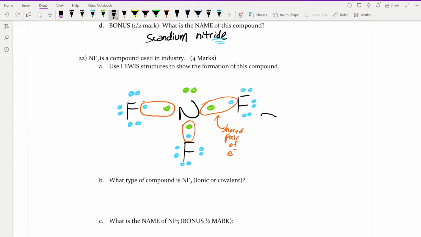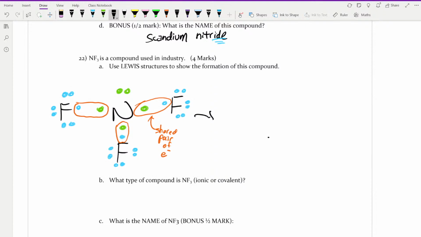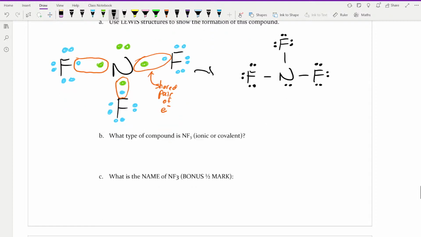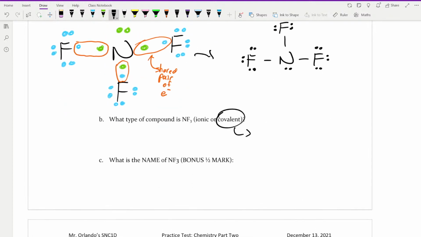And so we end up with a structure that looks like this. And that's covalent because it's sharing.